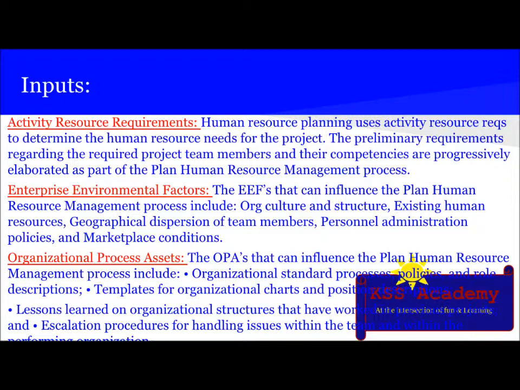These include organizational standard processes, policies, and role descriptions, templates for organizational chart and position description, lessons learned on organization structures that have worked in previous projects, and escalation procedures for handling issues within the team and within the performing organization.